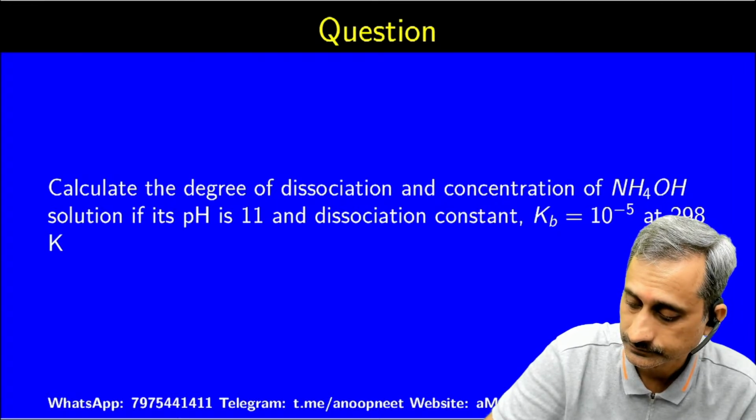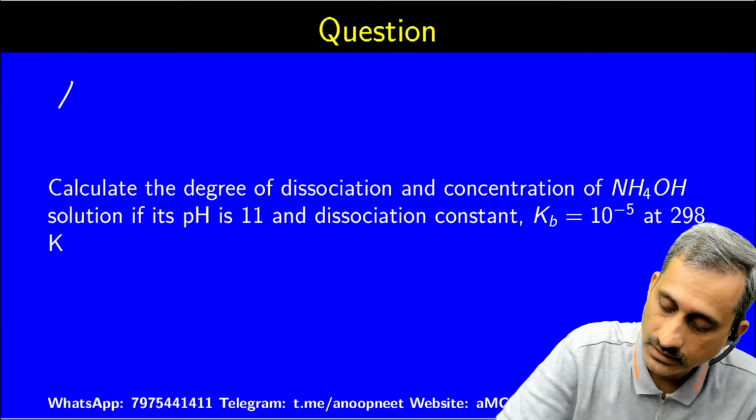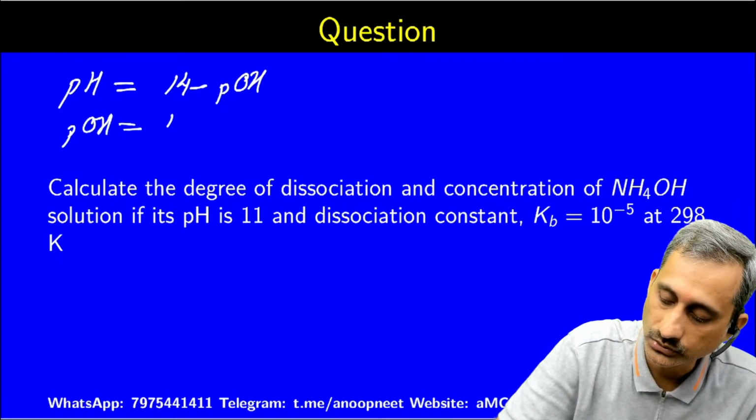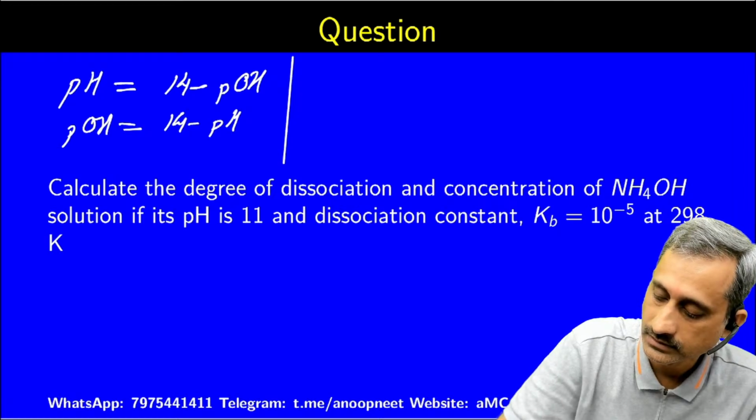स्टार्ट इट। बस एक छोटा सा हिंट देख लेना आप। pH plus pOH is equal to 14. So pOH will be equal to 14 minus pH. pH की वैल्यू आपको दे रखी है, pH is 11.